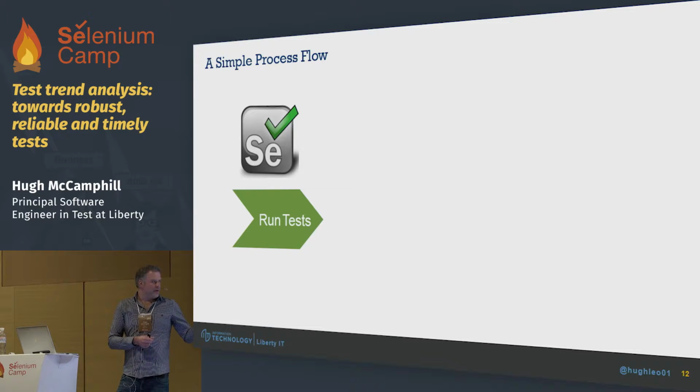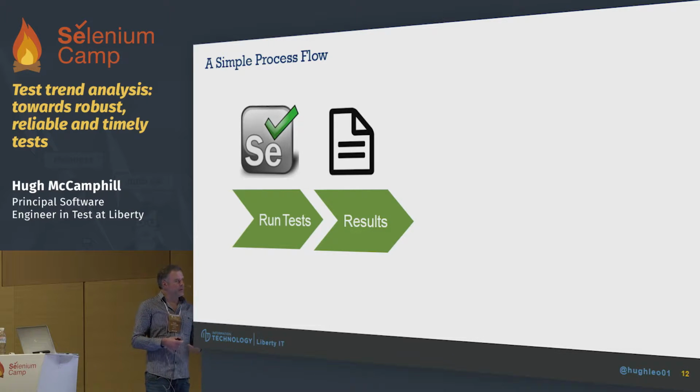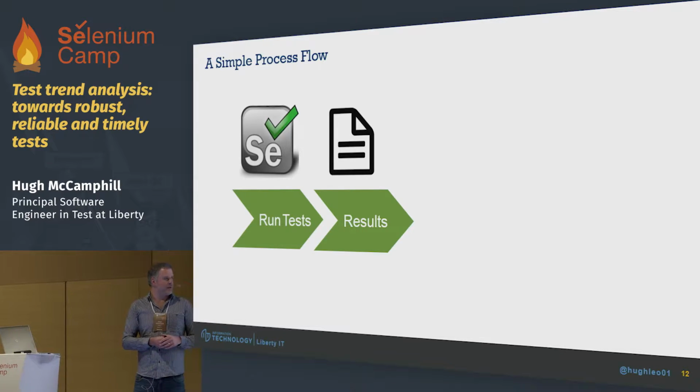When we run our tests in .NET, we have our own threading mechanism for running the tests because we use MS Test as our XUnit runner, and it doesn't have a convenient way to run the tests in parallel. But we use threads, and whenever we run those, we aggregate the information back together in a JSON file, which then gets translated into an XUnit or a JUnit report. But at this stage, we have this results file.